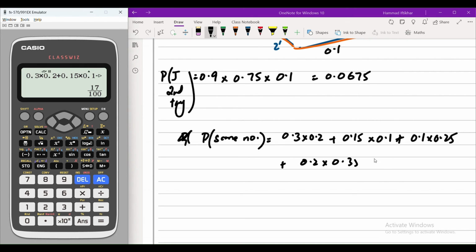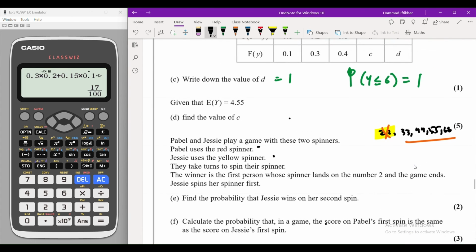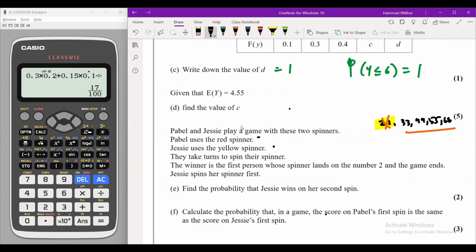That ends up to be 0.17. Right, okay, so that's this question.